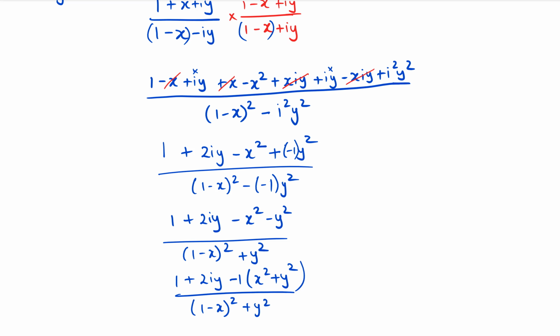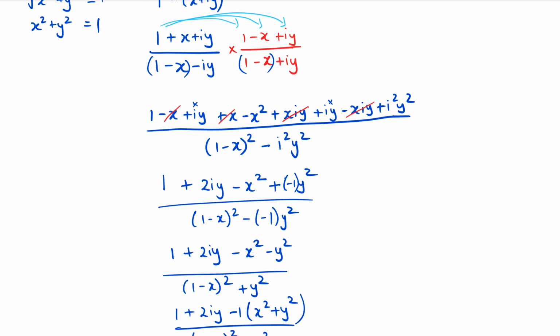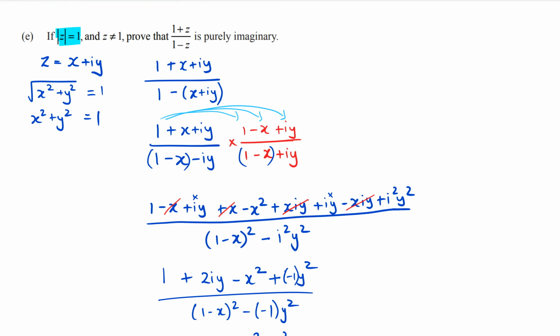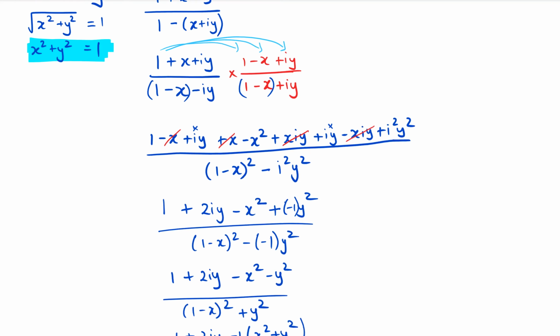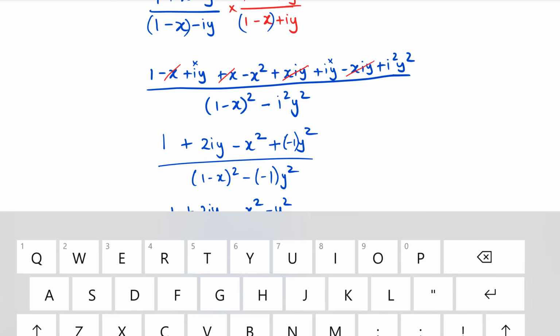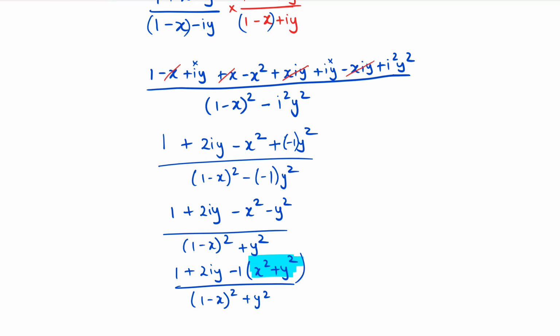Now remember that modulus, that first thing that we did where they said that the modulus is equal to 1. So if we go back right to the top there, there we go. There's that little thing that we did. That's a clue. That's usually a clue to say this is something you need to use later for this question. So x squared plus y squared equals 1, which means I can replace this x squared plus y squared with 1.